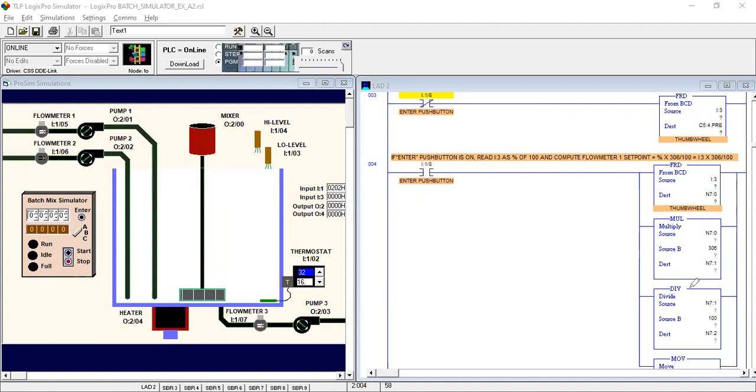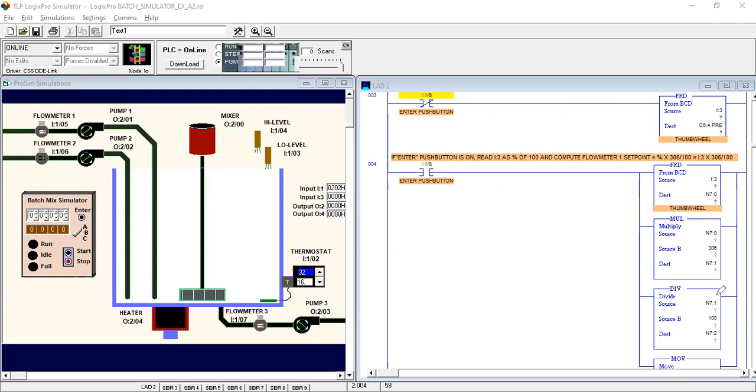After that we have to connect the divide instruction. The division instruction also has two source values, source A and source B. In source A we put this integer instruction, and in source B you can take 100, 50, or 1, whatever you need according to your calculation.